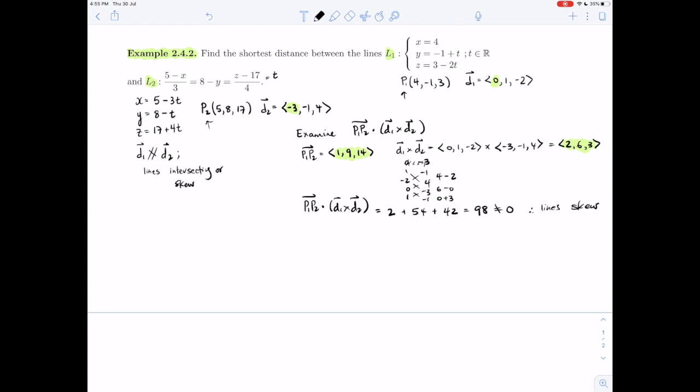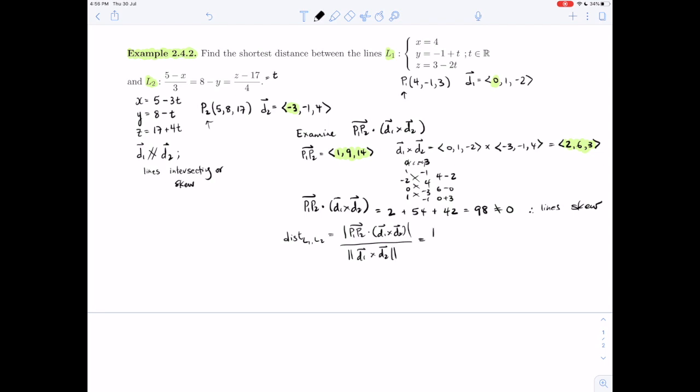And if the lines are skew, well, we know which formula to use. The distance between skew lines is the absolute value of the triple scalar product, well, that's kind of handy, we've already calculated it, divided by the magnitude of the cross product D1 cross D2.